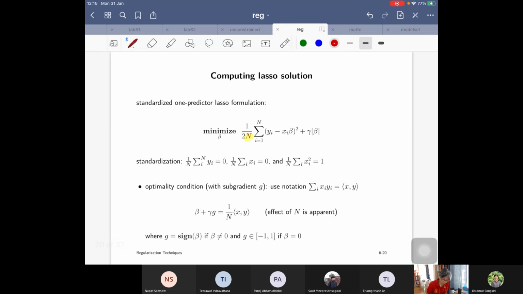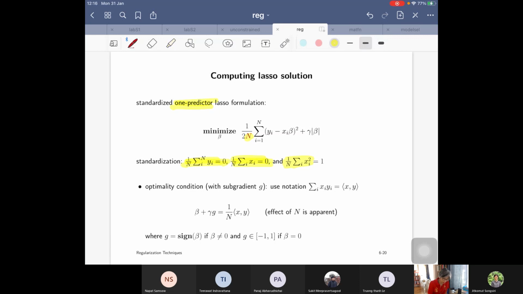Now I'm going to standardize the problem, which means I remove the mean in the response, so the predictor and the response are centered at 0. Then I normalize the predictor so that the variance is 1. And we use one predictor only.